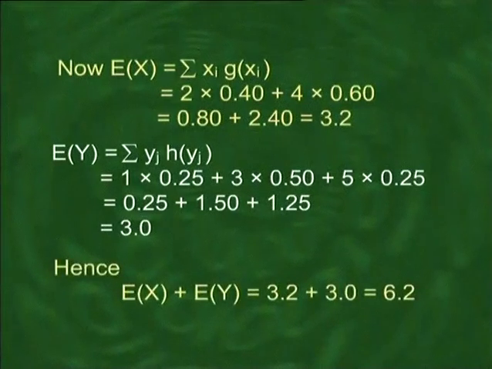Hence, as you see on the screen, expected value of x plus expected value of y comes out to be equal to 6.2. Students, what we are interested in now is to compute the expected value of x plus y.